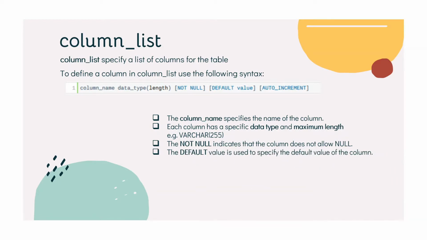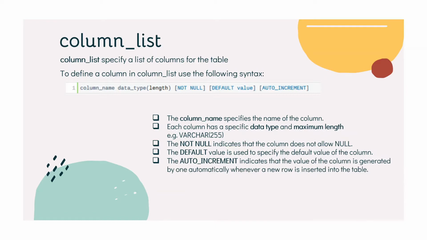The default value is used to specify the default value of the column. And auto increment indicates that the value of the column is generated by 1 automatically whenever a new row is inserted in the table. Note that each table has one and only one auto increment column.